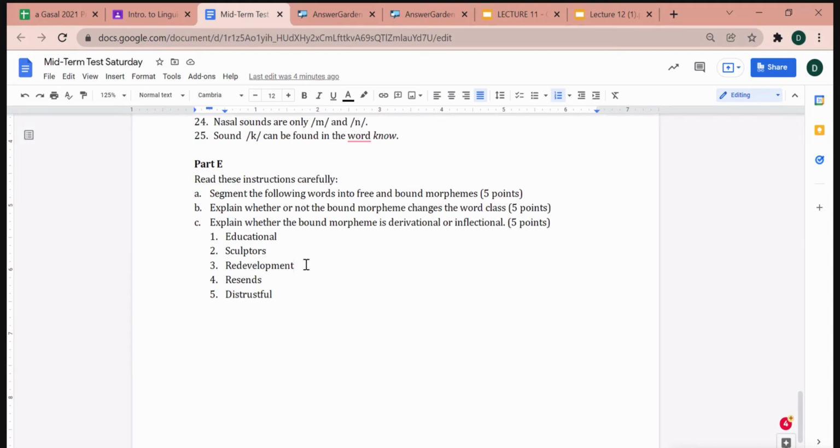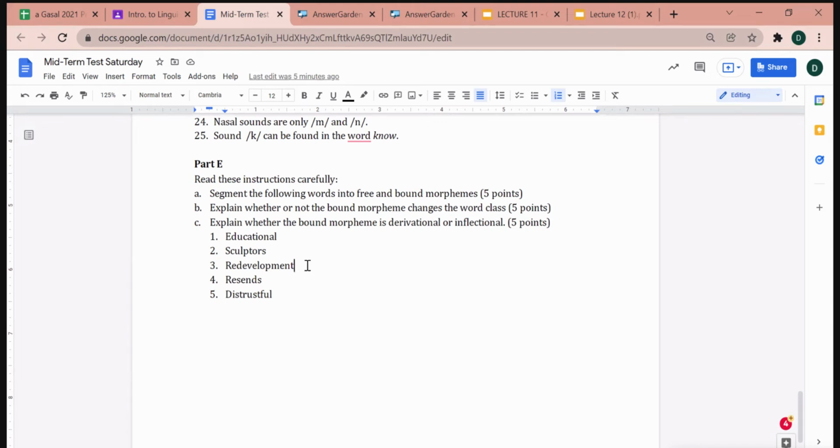Number 3. Develop is a free morpheme, and re and ment are bound morphemes. Number B changes the word class. Derivational changes the word class. From develop to development, that is derivational.